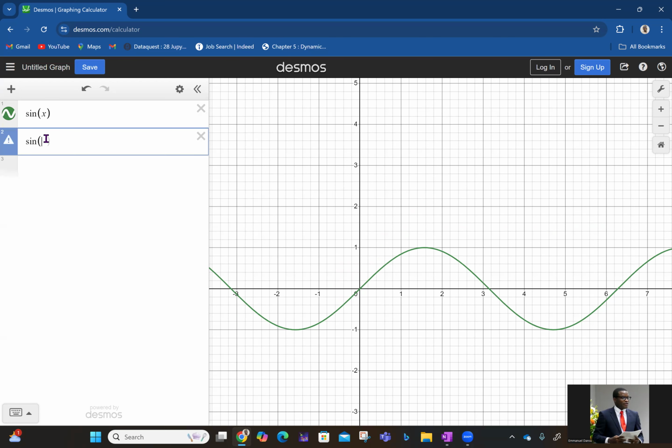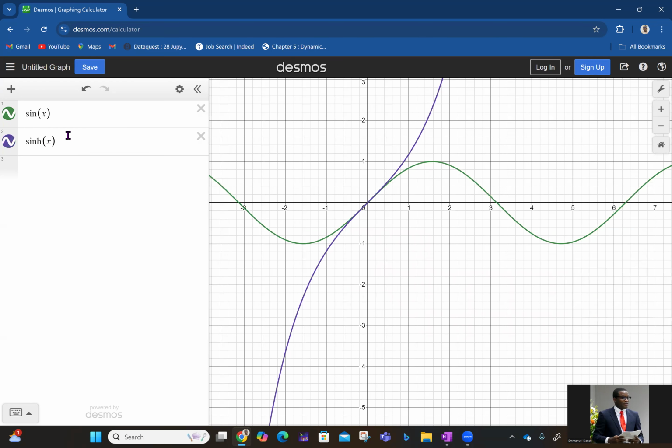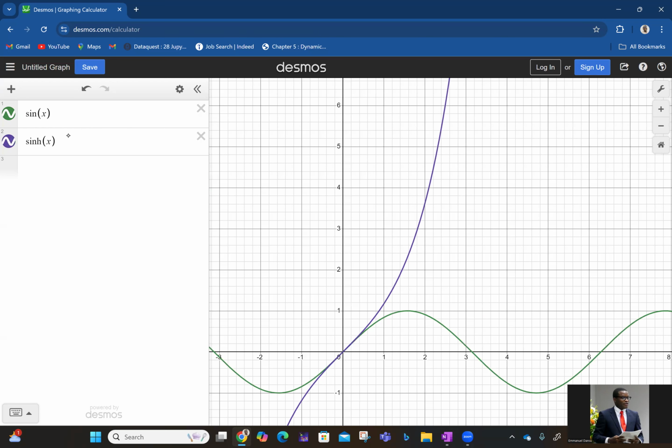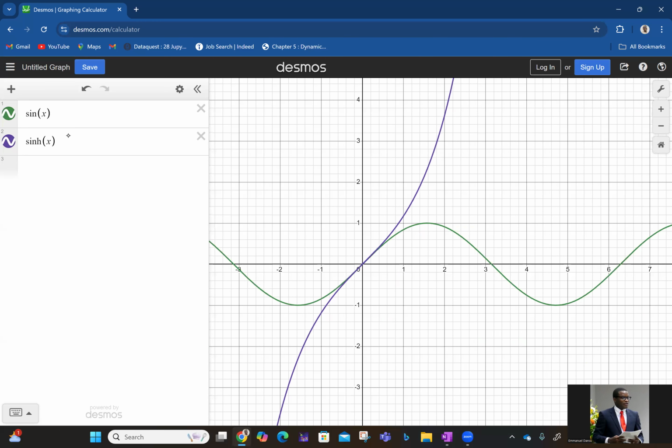So you see sinh x now, it's growing exponentially, comes into this place, and then it keeps increasing. So it's not bounded. So it's boundless, as we said. So now that is for sine x and sinh x.